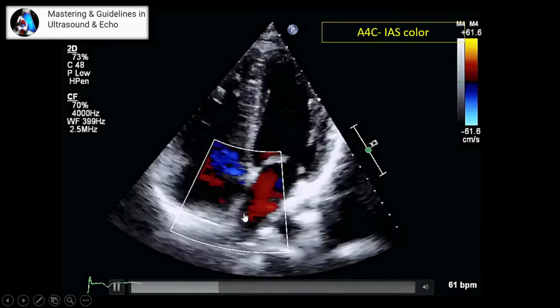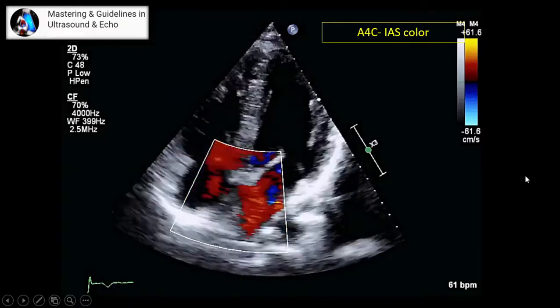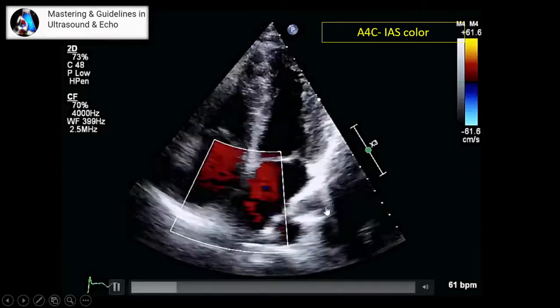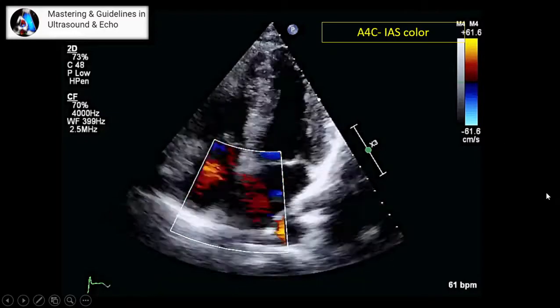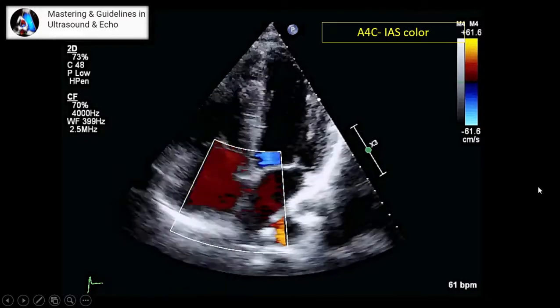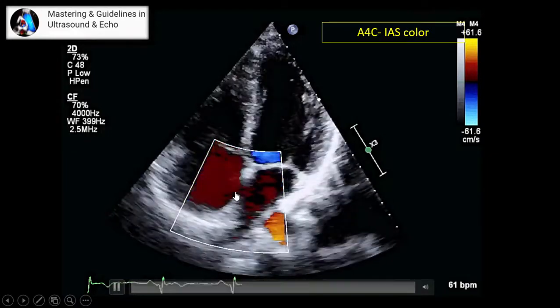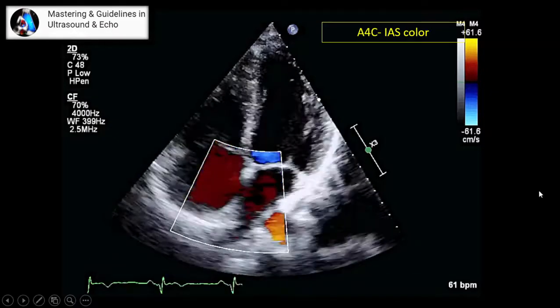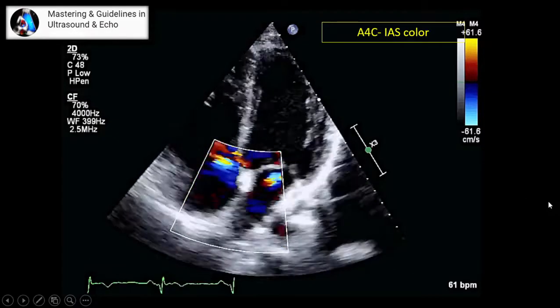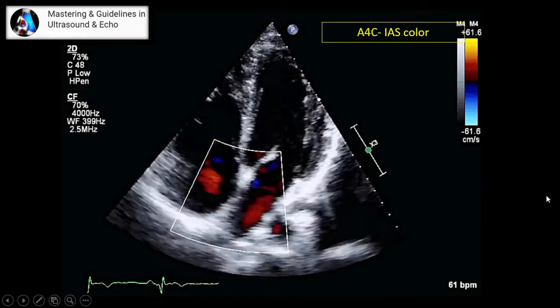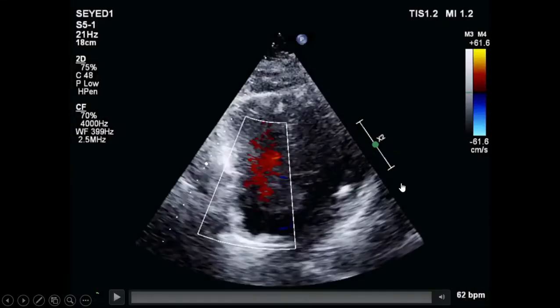Sweep the interatrial septum, which means fan anterior and posterior with your probe during this color evaluation. You will be surprised how many times you find an interatrial septal defect, ASD or PFO shunt, very clear only in apical, but in the subcostal you don't have a very clear image.